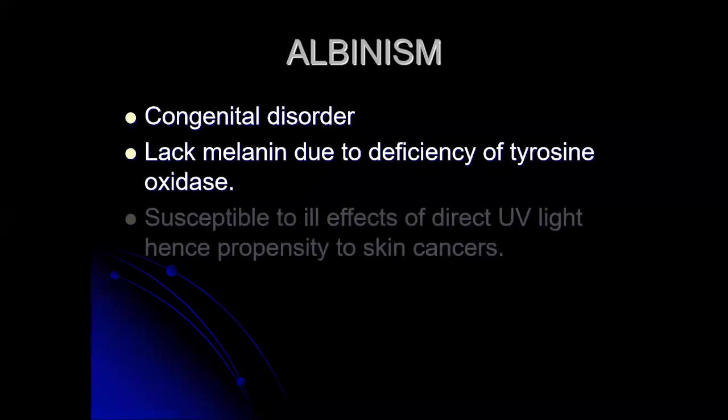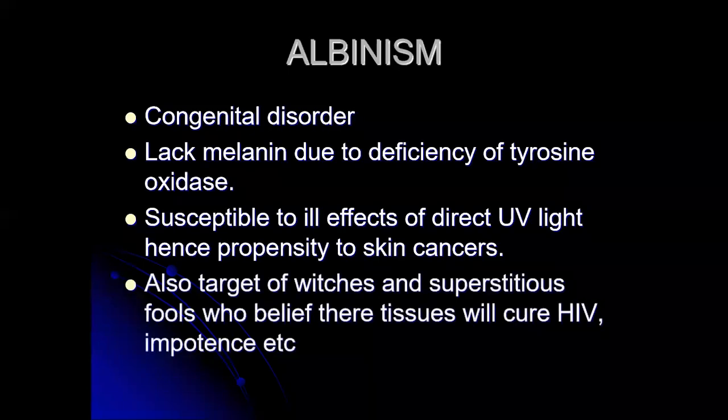Now, more commonly are people or conditions, congenital disorders where people have hypopigmentation. And you have seen them in our communities. Global hypopigmentation, from the hair, the skin, the nails, even the retina becomes pale. And this congenital disorder is referred to as albinism.